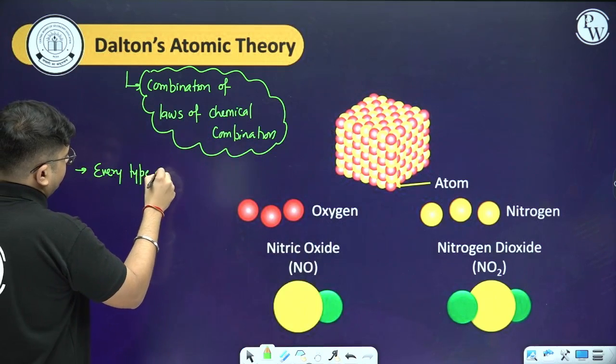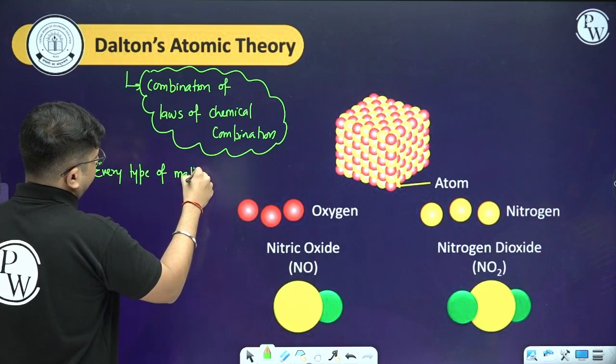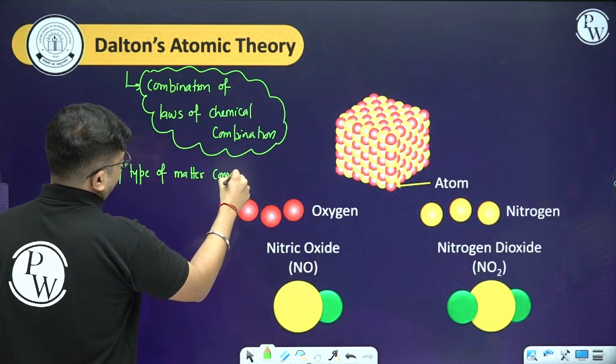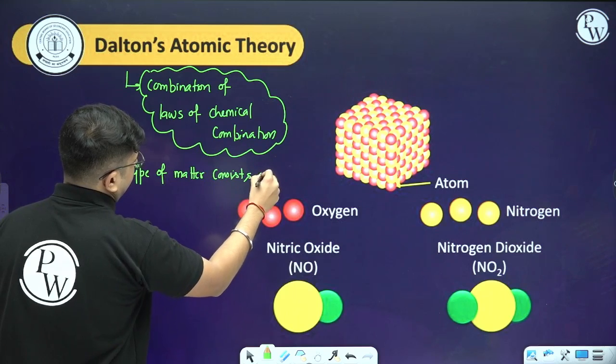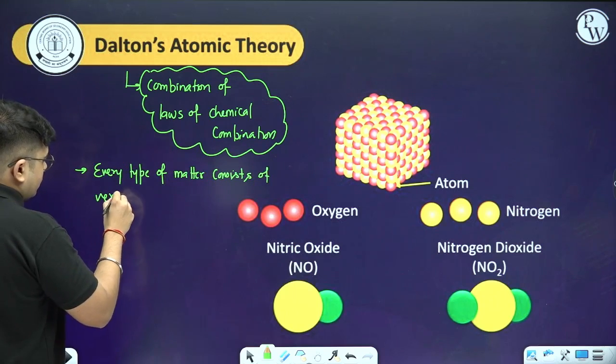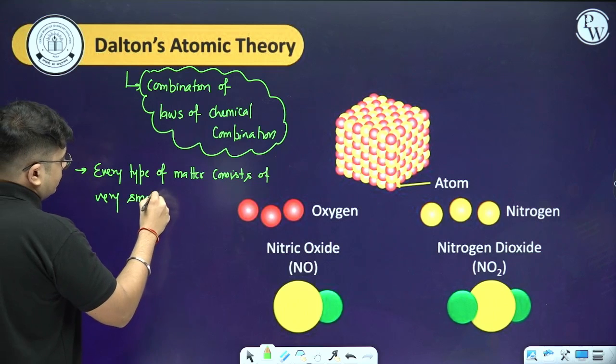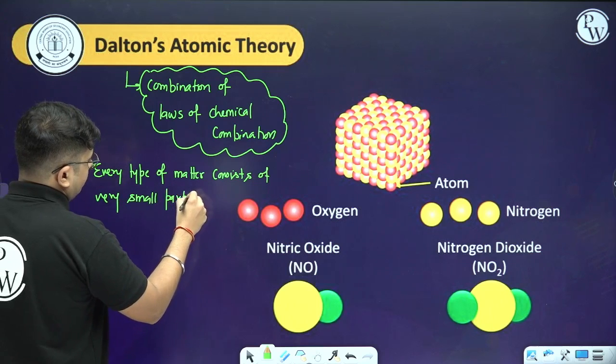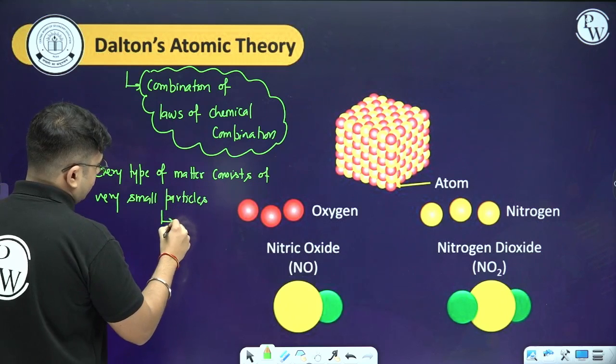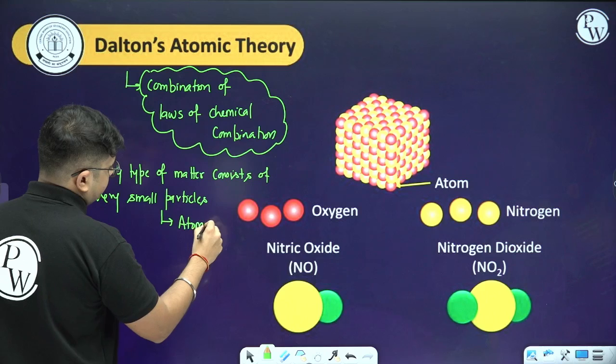Every type of matter consists of very small particles, which are known as atoms.